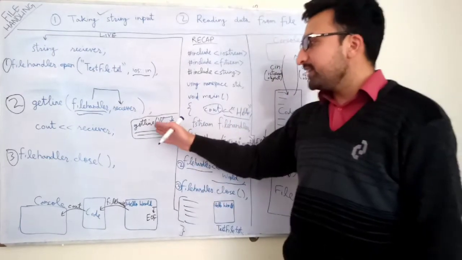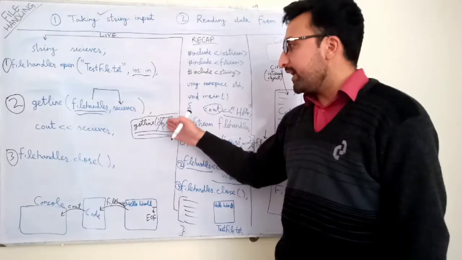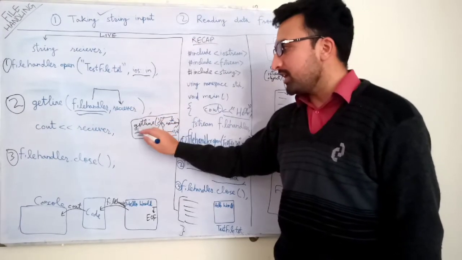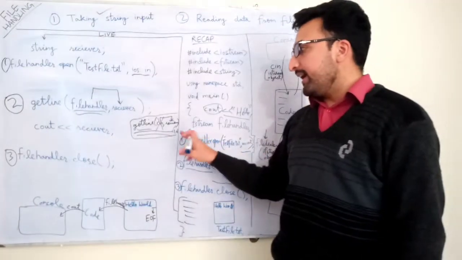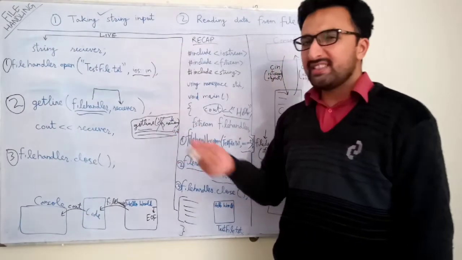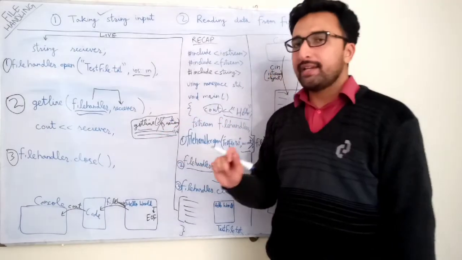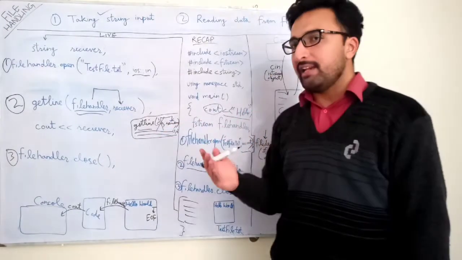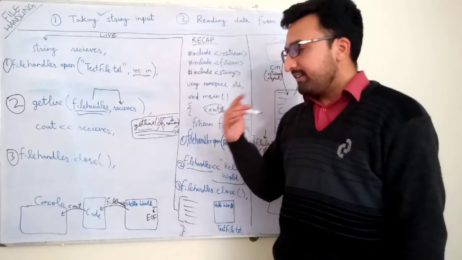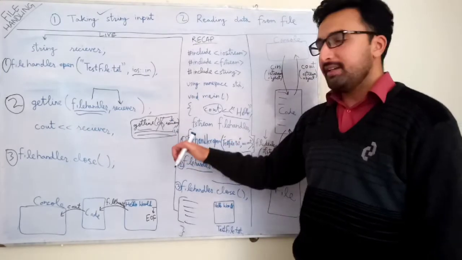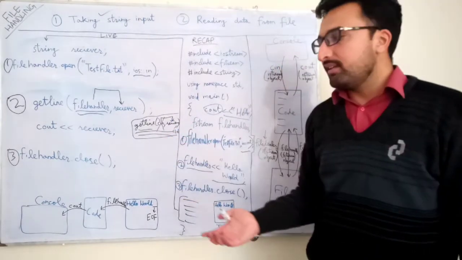So when we are reading something from the console, the third argument of this getline function, or the delimiter, is basically the newline character. If there is a comma or an asterisk or a space or whatever in place of the newline character, that is treated as a delimiter. That tells up to which point we will be reading our data. By default the delimiter is \n, however it can be a comma or space, anything.